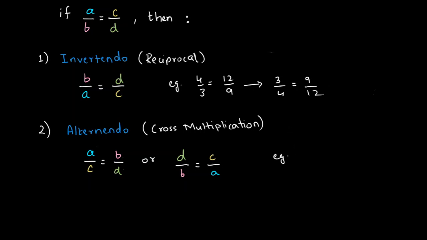Let me explain with an example. If I have 4 upon 3 equal to 12 upon 9, again just like the previous case, and I apply alternando, either I can alternate these two terms, 3 and 12, so this could be written as 4 upon 12 equal to 3 upon 9, or I could alternate these two terms, 4 and 9, and this could be written as 9 upon 3 is equal to 12 upon 4.